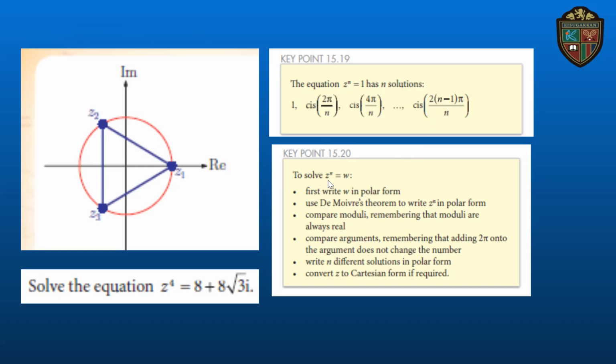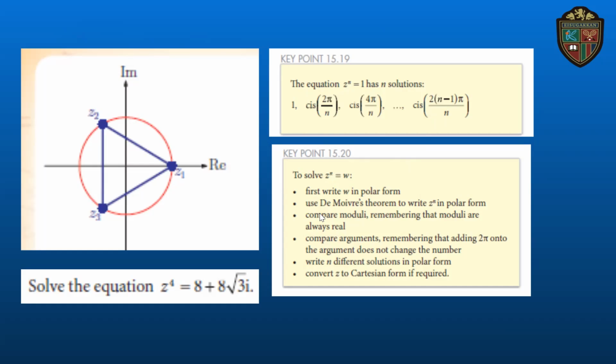Okay, to solve for z to the power of n equals w, this time it's not 1 but another complex number, the same as in the example before with z to the n equals 1. So in terms of steps, these are the things that you'll need to do.